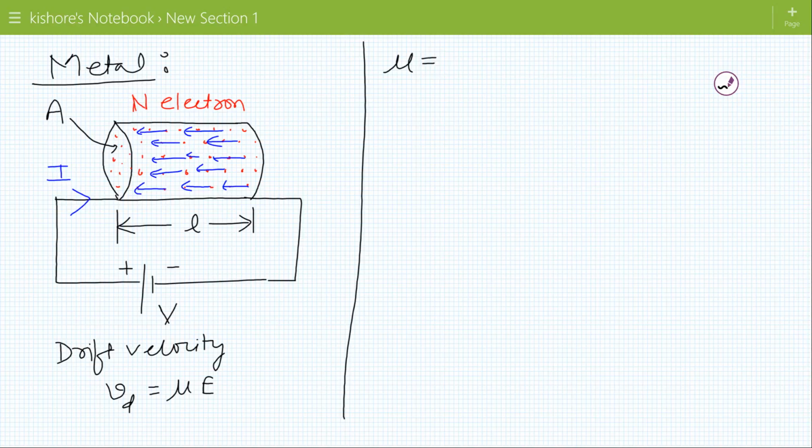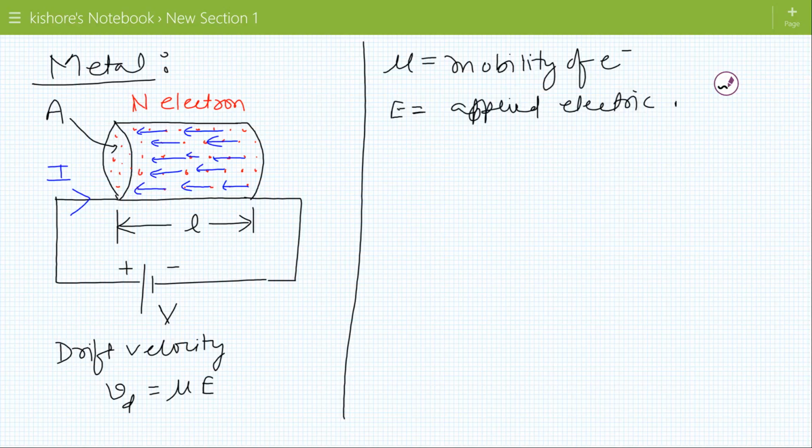Mu is the mobility of electrons. E is the applied electric field. And Vd is the drift velocity.